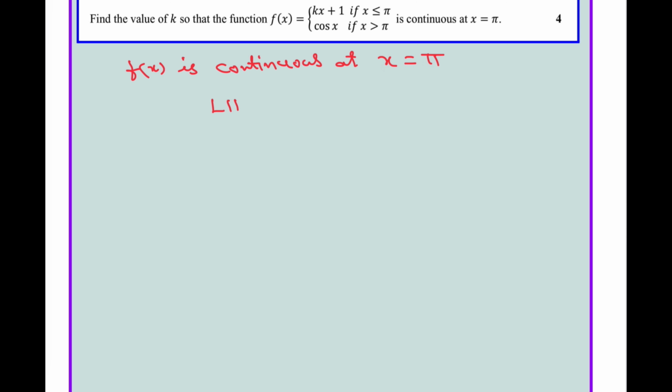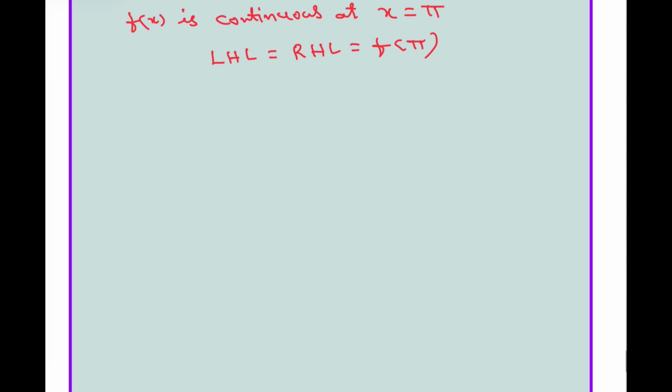That means LHL equals RHL equals f of pi. LHL means limit x tends to pi minus f of x equals RHL means limit x tends to pi plus f of x equals f of pi.